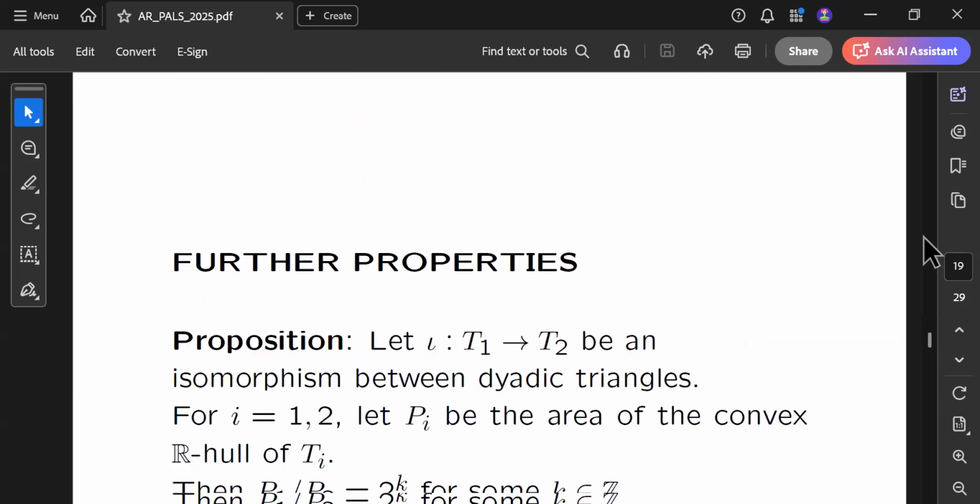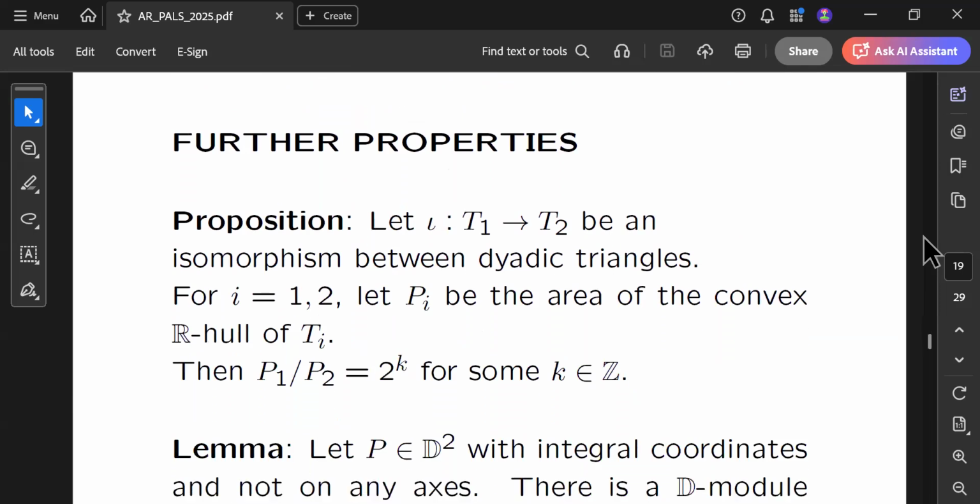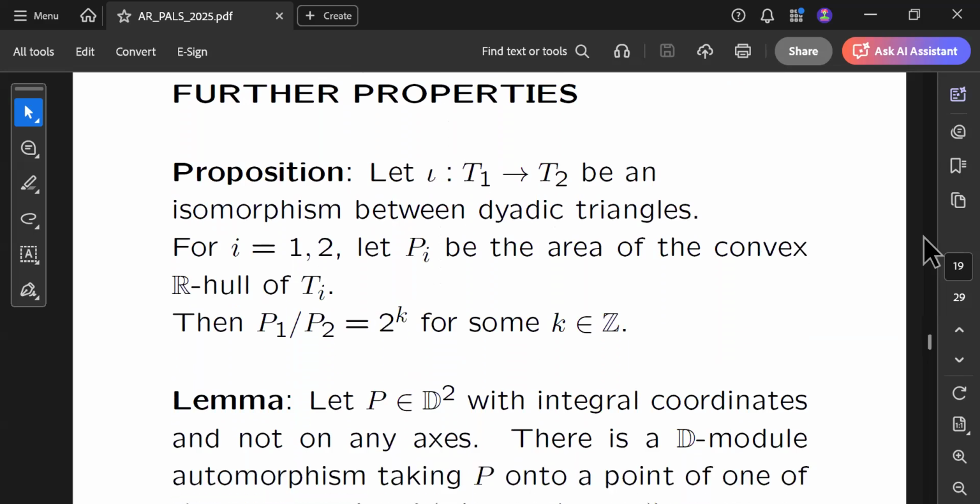The first one, given in this proposition: if I is an isomorphism between two dyadic triangles T1 and T2, and Pi is the area of the convex R hull, that means the smallest real convex set containing Ti, then the quotient P1 divided by P2 equals 2 to the k. So this is one very useful property.